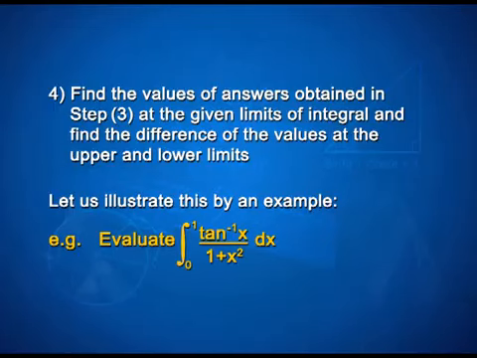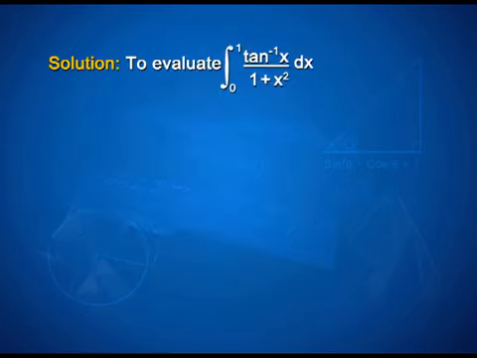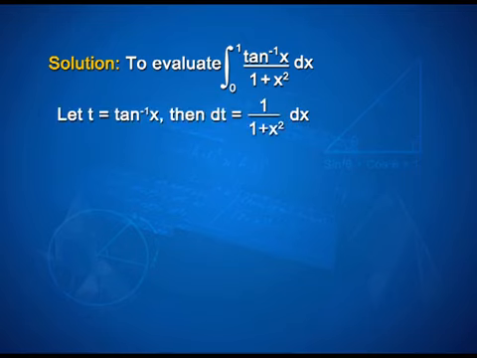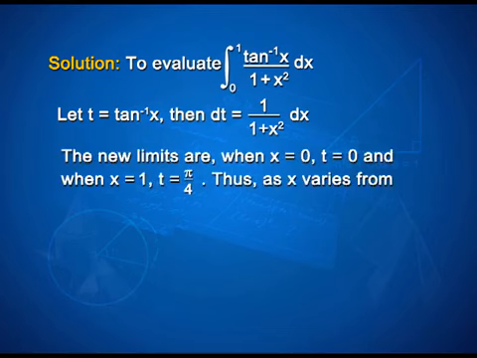Evaluate integral 0 to 1 tan inverse x upon 1 plus x square dx. For the solution, to evaluate integral 0 to 1 tan inverse x upon 1 plus x square dx, let t be equal to tan inverse x, then dt is equal to 1 upon 1 plus x square dx. The new limits are when x is equal to 0, t is equal to 0, and when x is equal to 1, t is equal to pi upon 4.